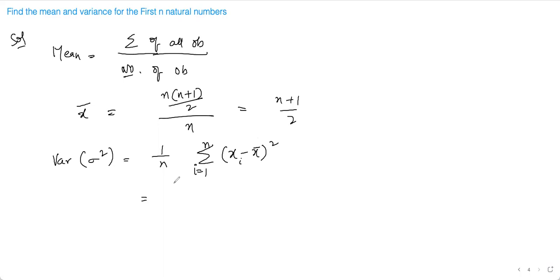So this is 1 by n summation i is equal to 1 to n, xi minus n plus 1 by 2, whole square.